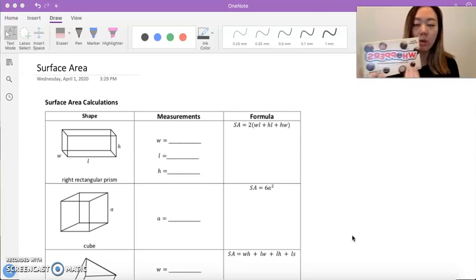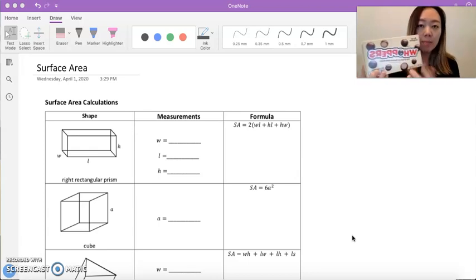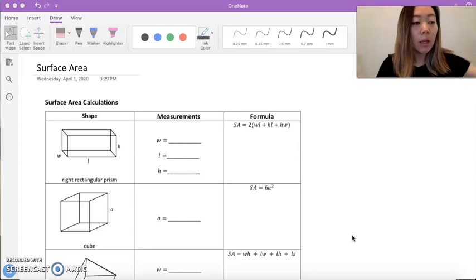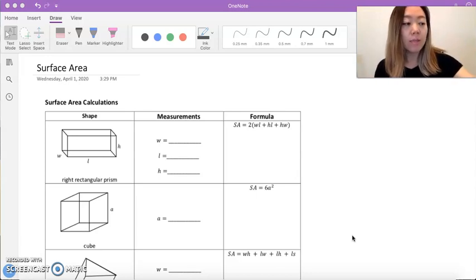All I need to do is find the area of each of the sides, add it up, and that's what surface area is. And of course, you can do that as well. But it is also good to know that there are formulas that you can use, and for those of you who are more comfortable with formulas and plugging numbers into formulas, you can go ahead and use that method.